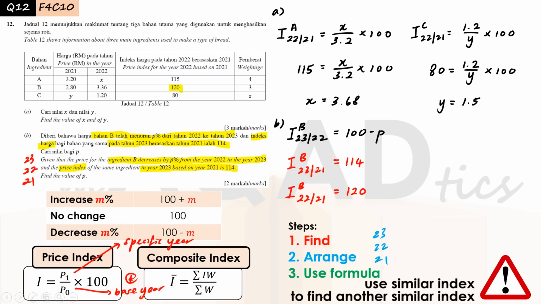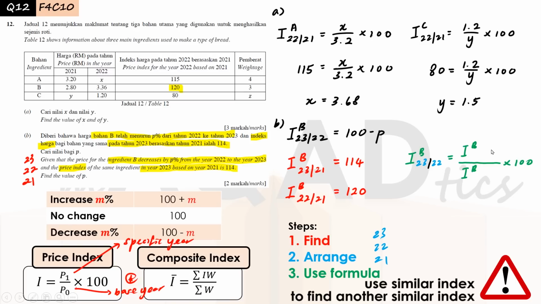This formula is the price index formula. But for the I, the P1 and the P0, I'm going to change all of them to the price index of ingredient B. Now for the years, for the left side, I'm going to use the first 2 years arranged in step 2, so it will be 23/22 here.